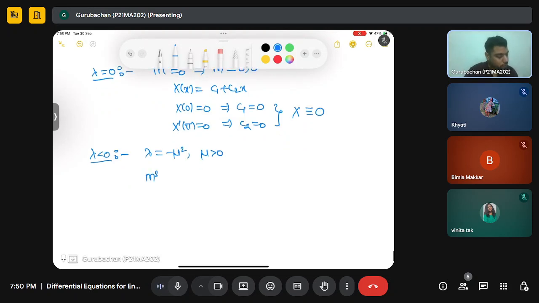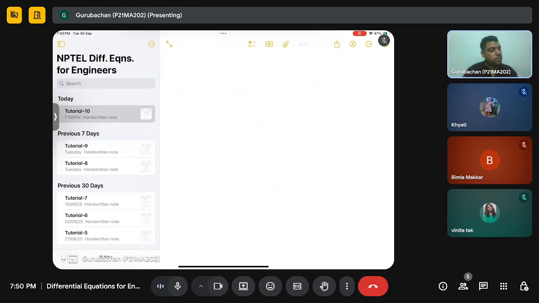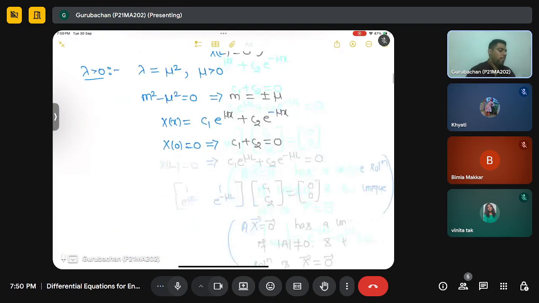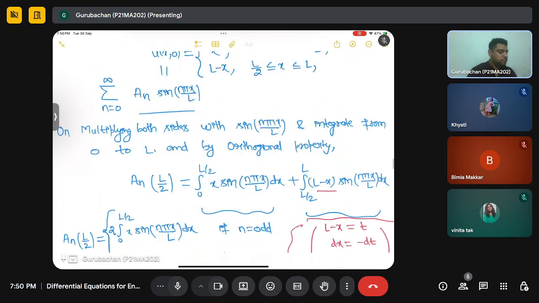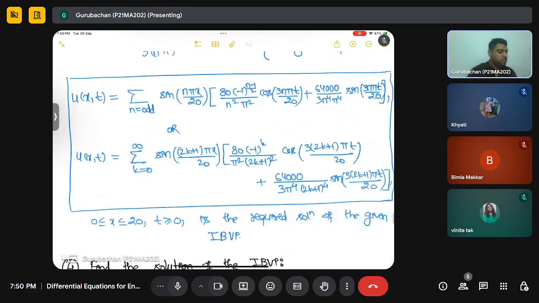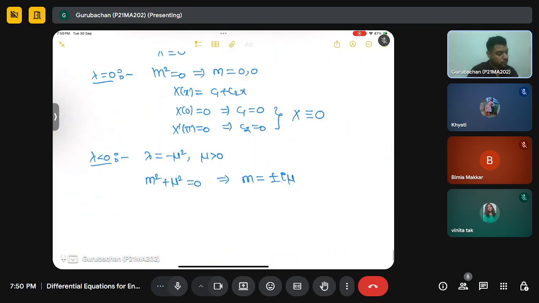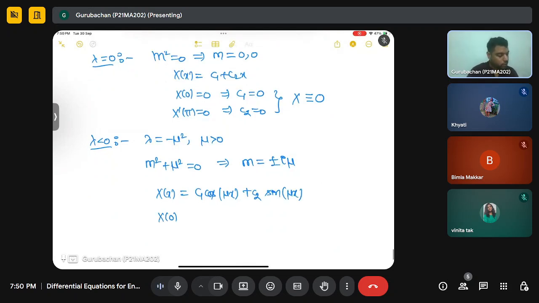From here m square plus mu square has to be 0 and m has to be plus minus i mu, so X(x) will be c1 cos mu x plus c2 sin mu x, and X(0) is 0.